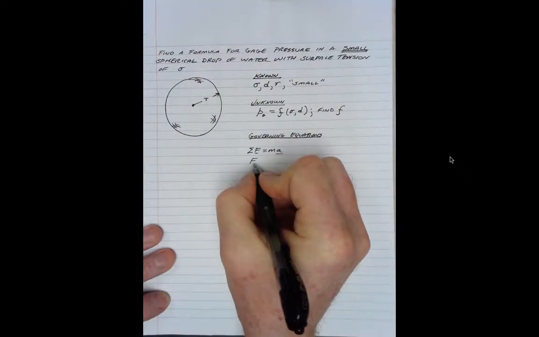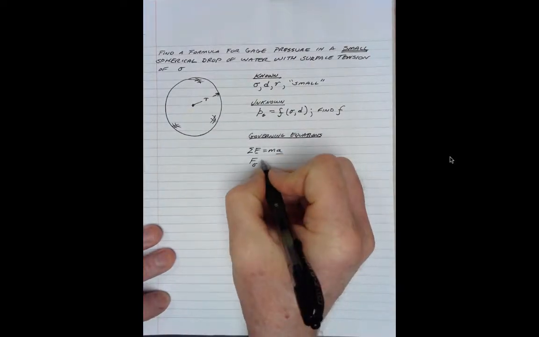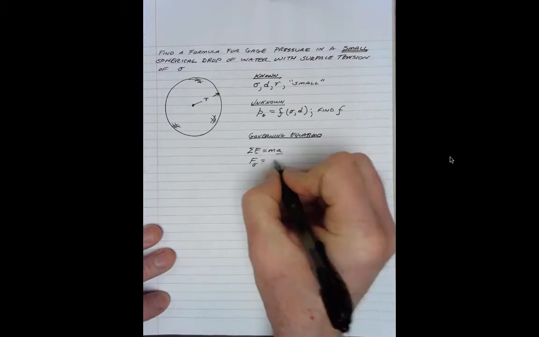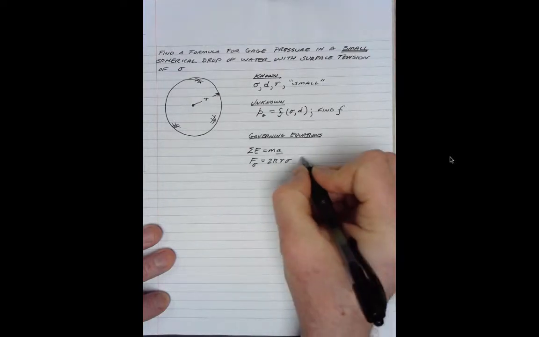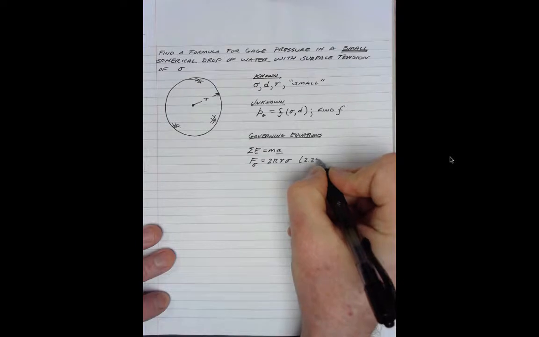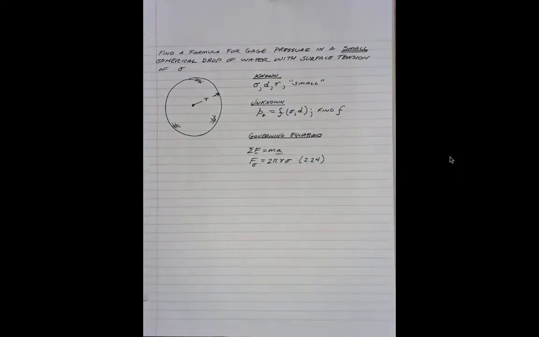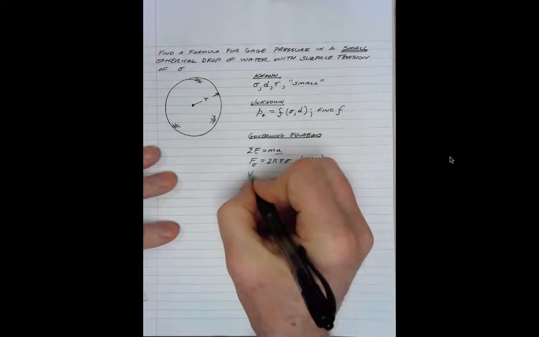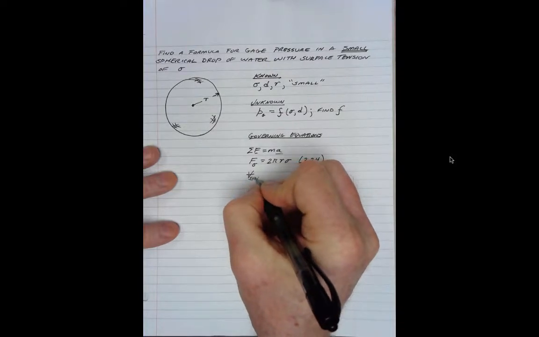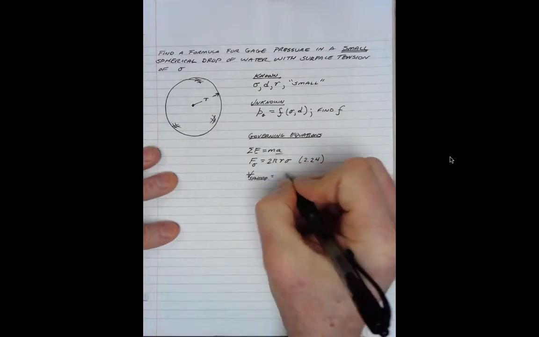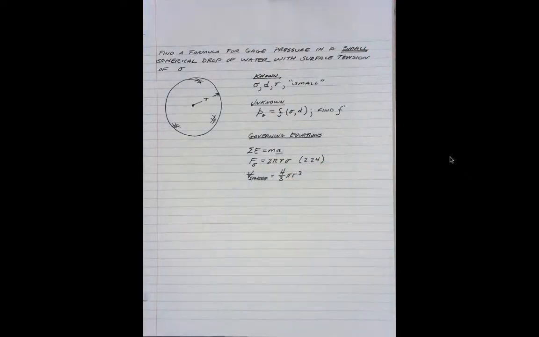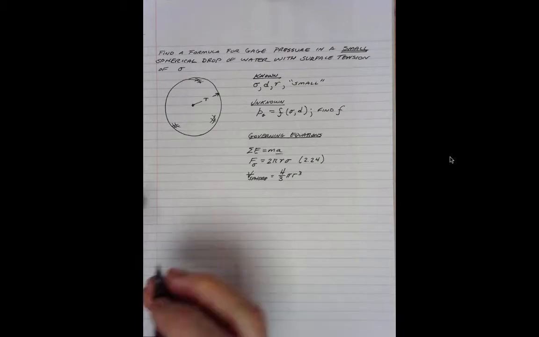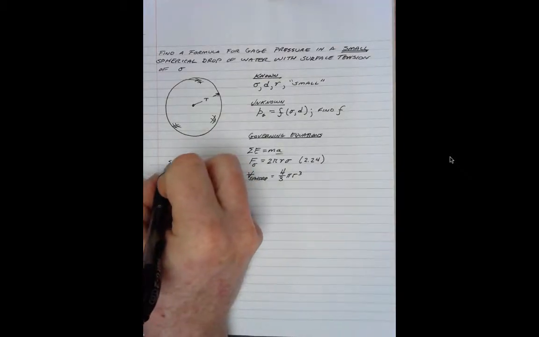We know that the force of surface tension is 2 pi r sigma, and that happens to be equation 2.24 of our book from a while back. And we know that the volume of the sphere is 4/3 pi r cubed. So let's go ahead and find a solution.